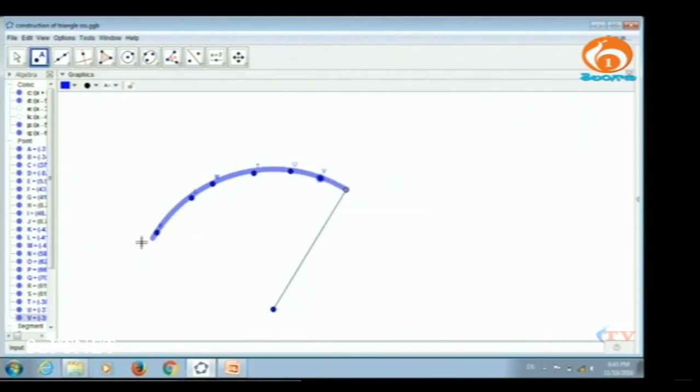What may be the nature of these points? These points are at the same distance, 5.5 centimeters, from this point.